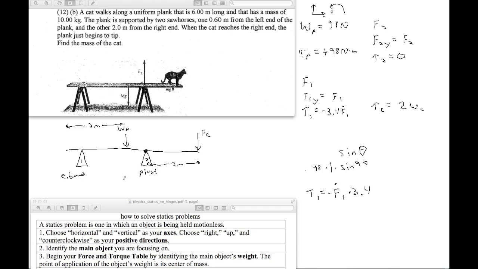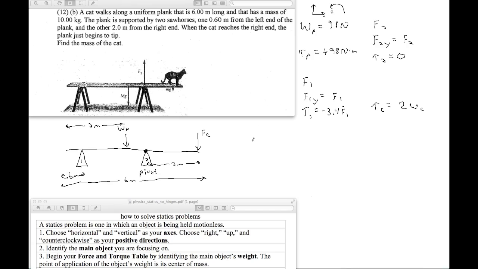And then now I would use the sum of the torques equation. Oh, so it's like the last one. It just begins to tip. So then actually, don't we have the same thing where the torque from F1 would also be 0?